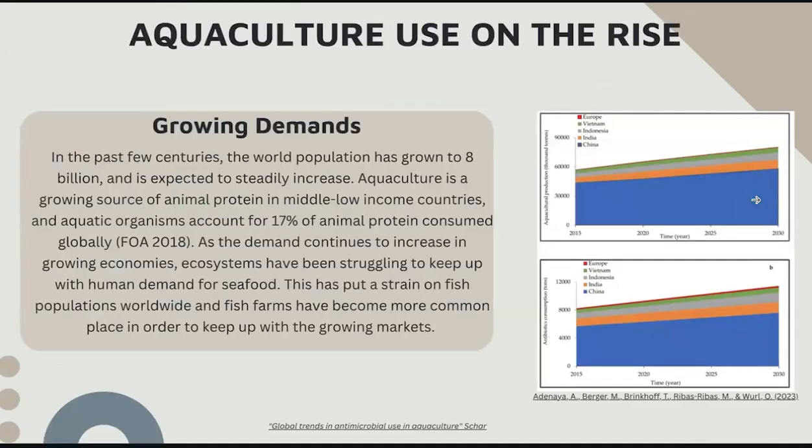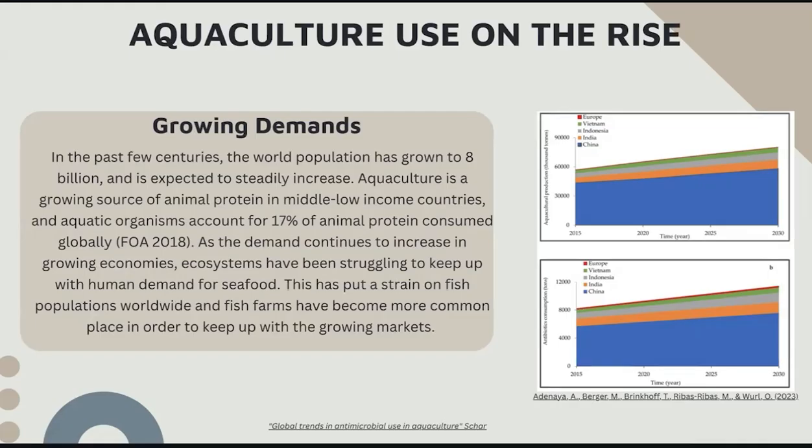So, aquaculture use is on the rise. Over the past few centuries, the world population has grown to 8 billion people, and it is expected to steadily increase and plateau around 9 to 10 billion people. As the human population grows, there is an increased demand in specifically middle to low income countries for aquaculture.